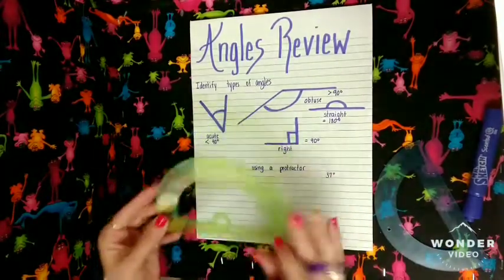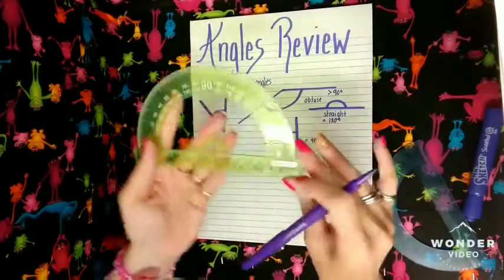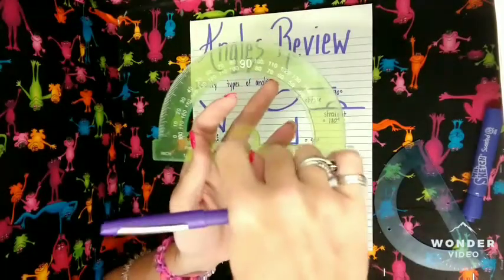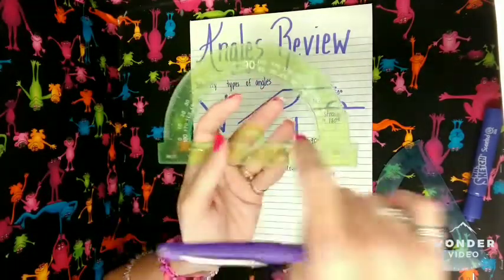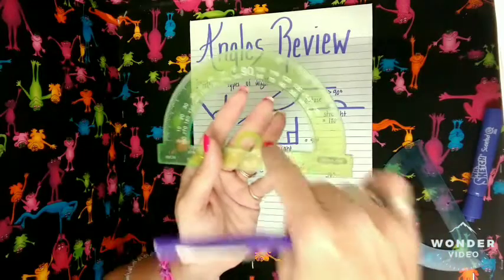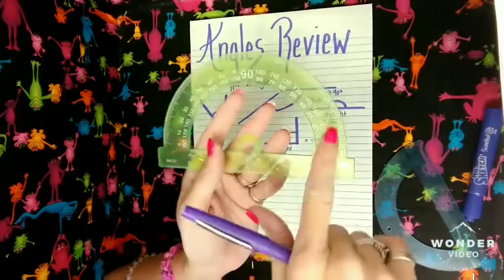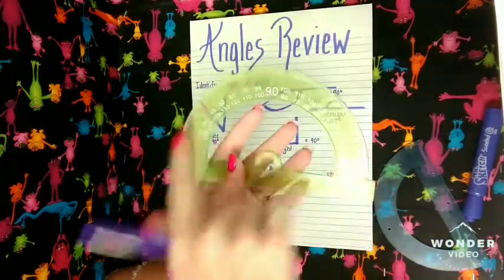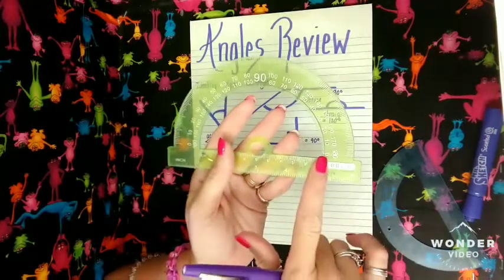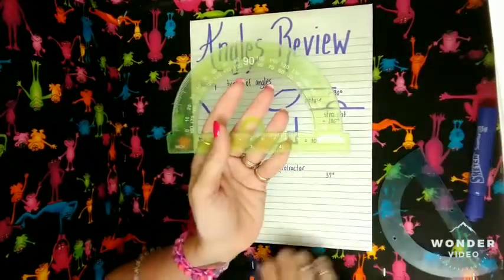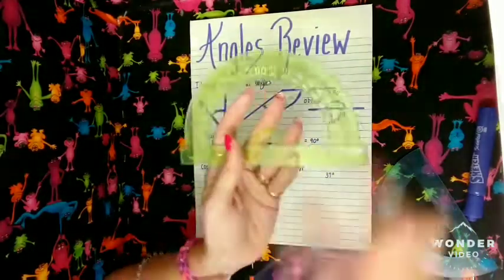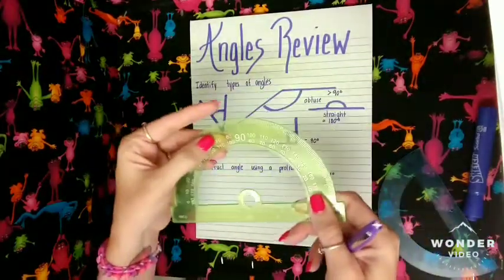Now I have two types of protractors. I know this one's a little bit hard to see, but it has a big hole in the middle, and you place your vertex in this hole. Our zero line is on the edge, and then our arced measurements are on the inside and the outside. So if our angle opens to the right, we use our inside numbers, and if our angle opens to the left, we use our outside numbers.